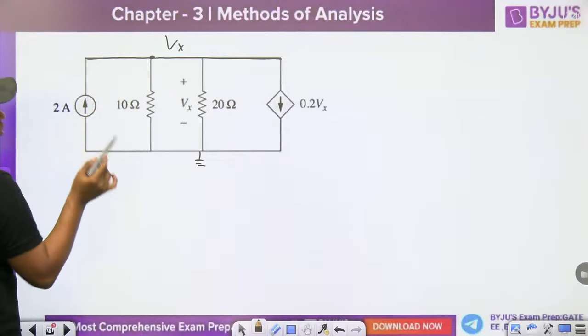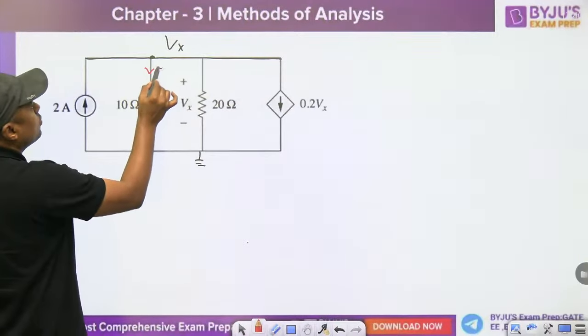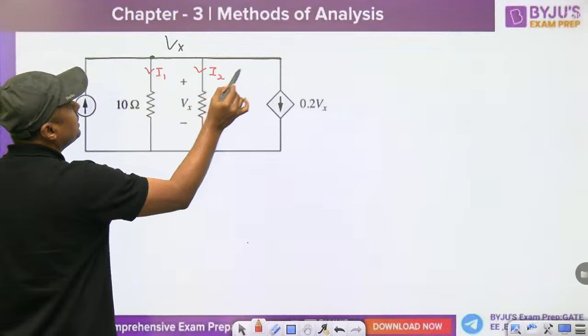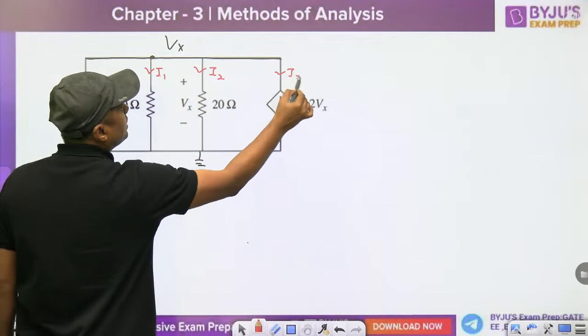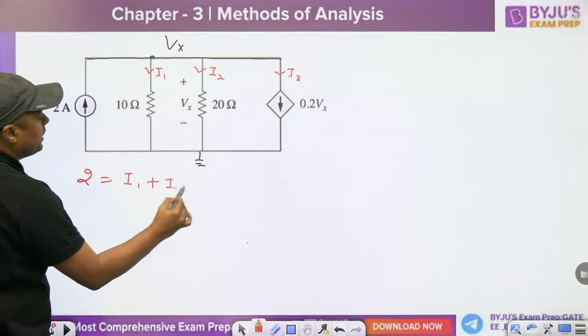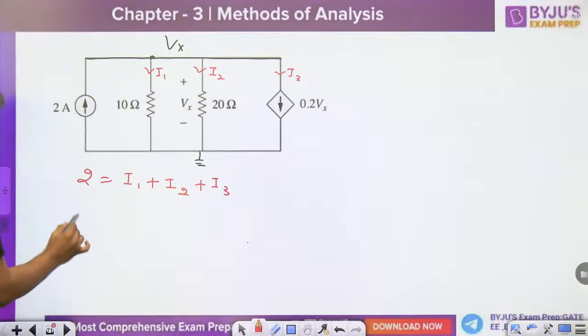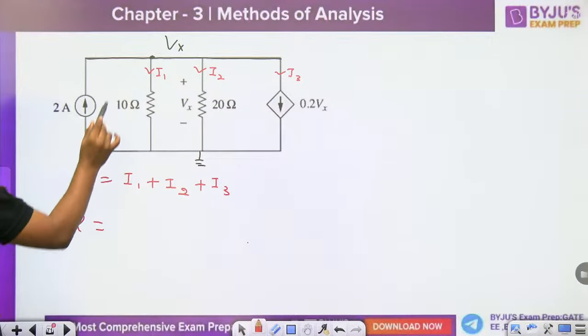So incoming is equal to outgoing current. Now what are the outgoing currents? I1 is an outgoing current, I2 is an outgoing current, and I3 is also an outgoing current, and this 2 is the incoming current. So 2 is equal to I1 plus I2 plus I3. What is I1?